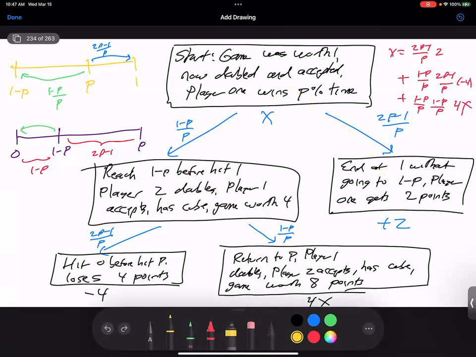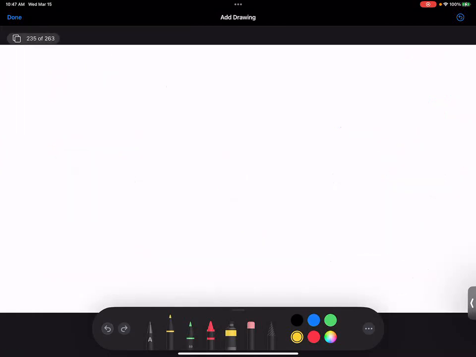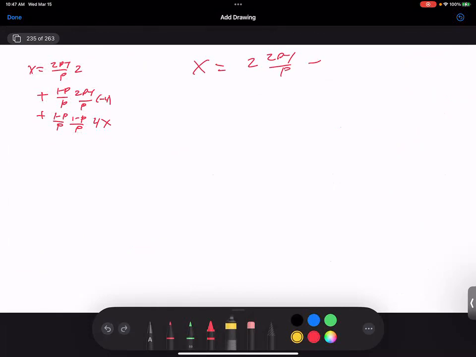So coming over here, if I paste this, what I get is x is equal to 2 times (2p minus 1) over p minus 4 times (1 minus p)(2p minus 1) over p squared, plus 4x times (1 minus p) squared over p squared.